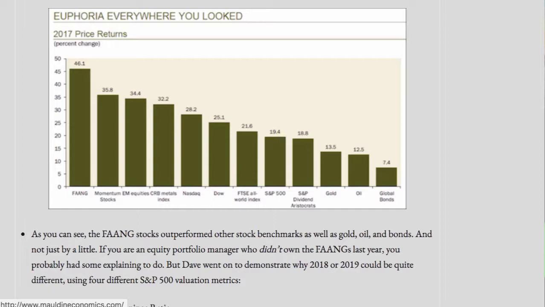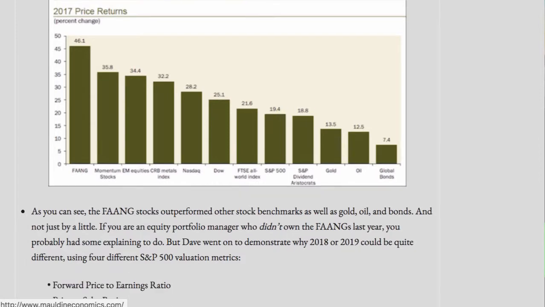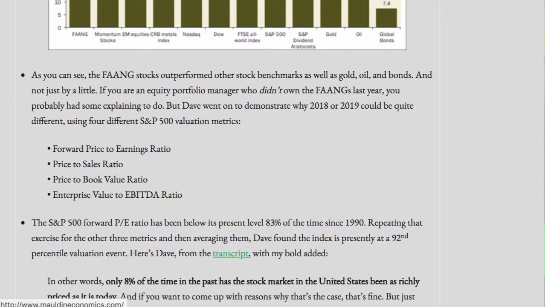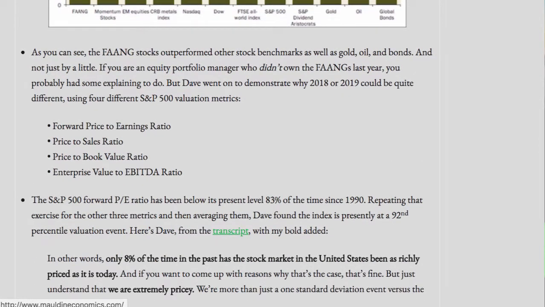But Dave went on to demonstrate why 2018 or 2019 could be quite different, using 4 different S&P 500 valuation metrics: forward price to earnings ratio, price to sales ratio, price to book value ratio, enterprise value to EBITDA ratio.